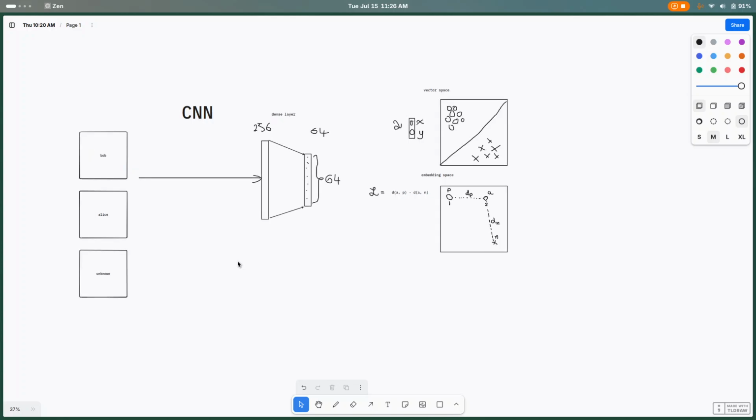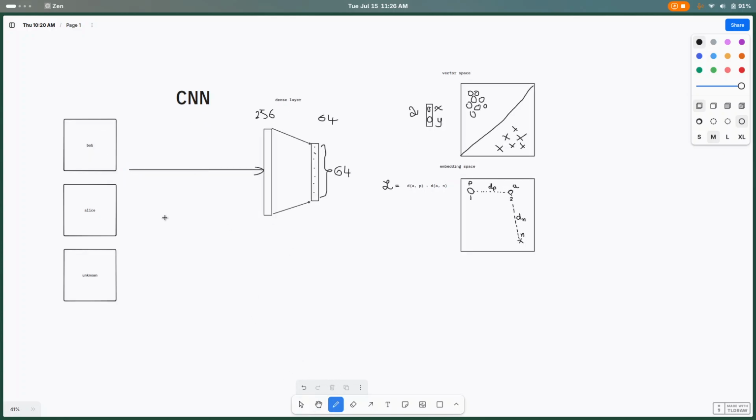So to summarize, we have all of this convolution in between to get some vector, and the convolution is not really necessary. It's just a good way to extract features. If we used a dense layer from the beginning to the end, that would work too.